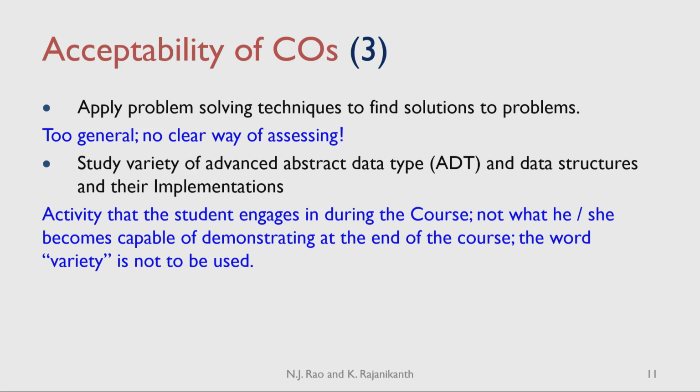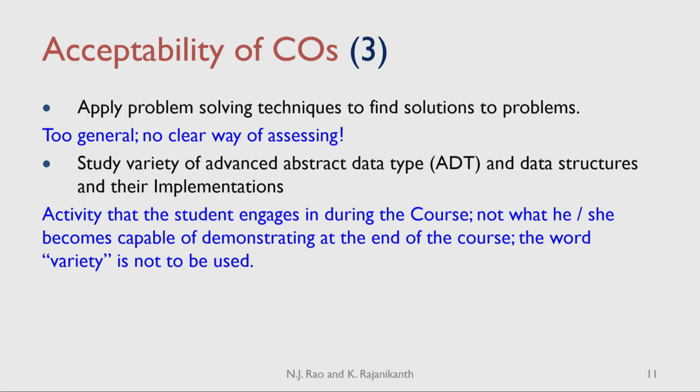Further, the statement uses variety of, which is not to be used. Specify what are the abstract data types that the students have to learn and implement and demonstrate their understanding. There may be 3 or 4 types or 5, 6 types. State what they are, enumerate all of them. What will be the data types that the instructor is intending to cover?